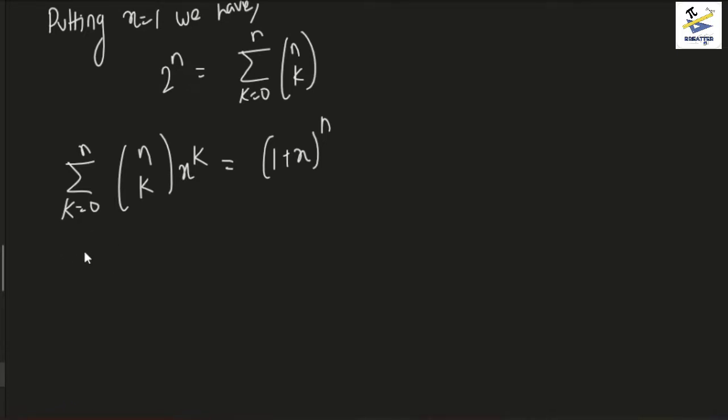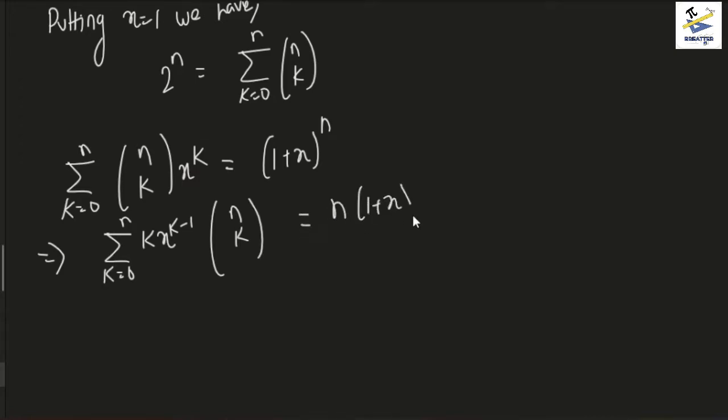We differentiate both sides with respect to x, and since it is a finite sum and a polynomial, differentiation per term is allowed here. We get k into x to the power k minus 1 times nCk, because nCk is a constant, and the right side becomes n into (1 + x) to the power n minus 1, right?